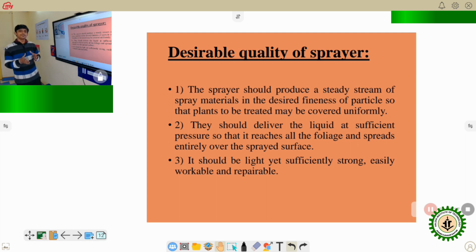The pressure should be effective enough that the spray can reach the foliage and spread over the entire surface, and the sprayer should be strong enough to be easily and effectively used in the field conditions. So these are the basic qualities of a sprayer.